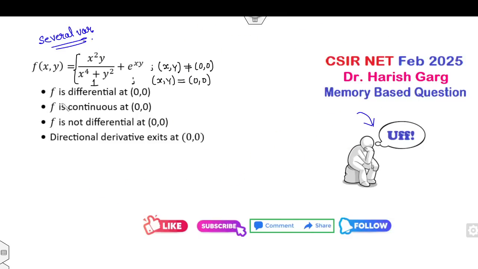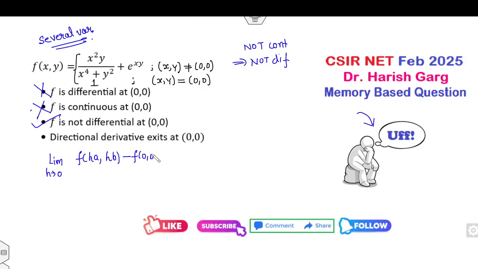So the function is not continuous, which means the function is not differentiable. Now the directional derivative. How can you check the directional derivative? Again, I can use the limit of f(ha, hb) minus f(0,0), divided by h.